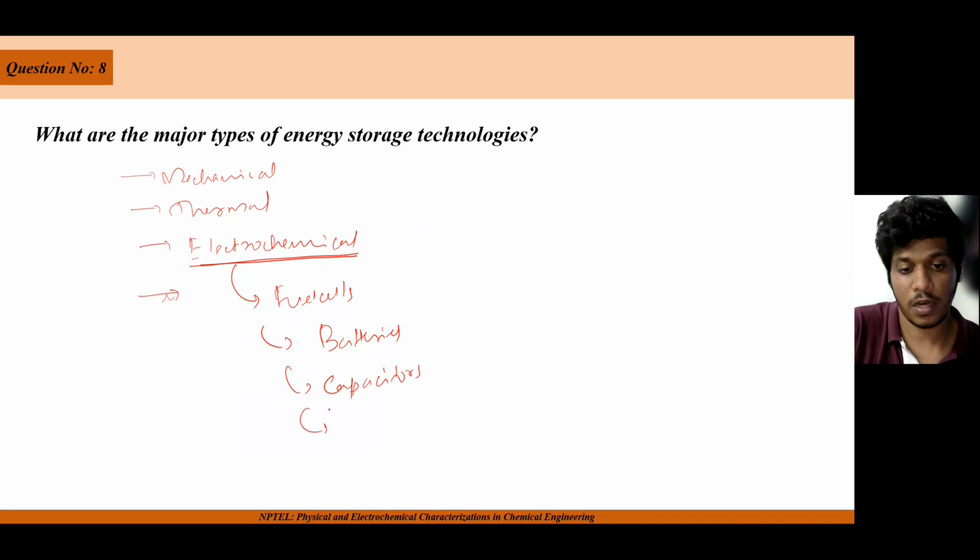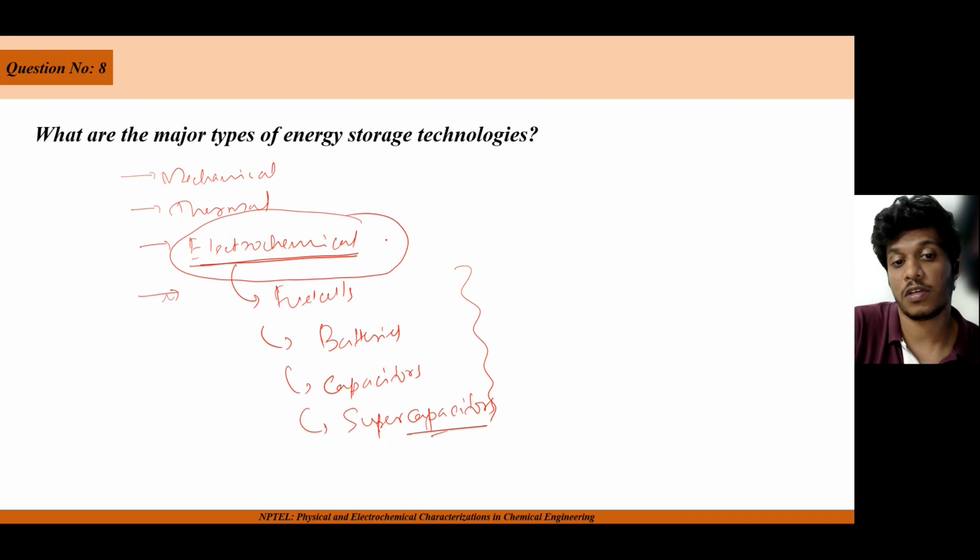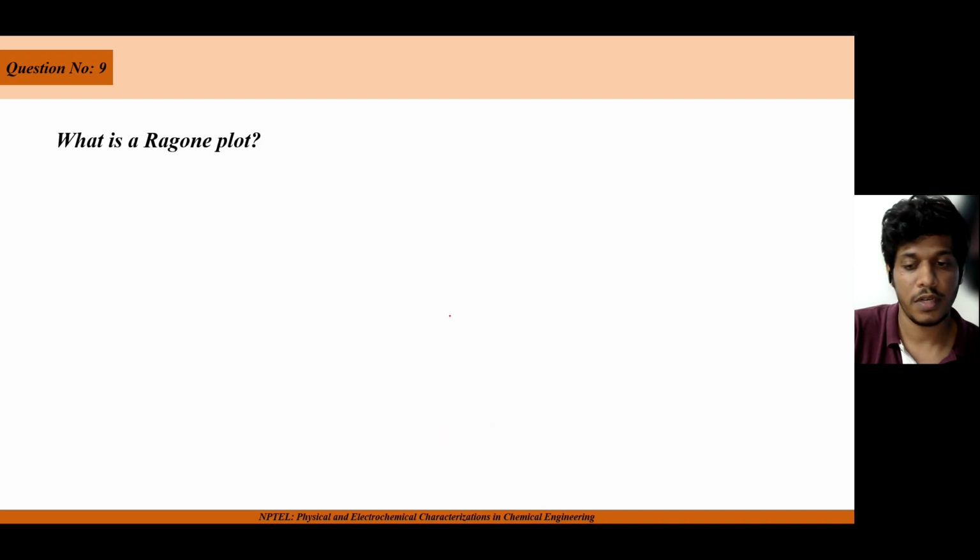There is also a class called supercapacitors. These are the major electrochemical storage technologies that we may focus on a little in the upcoming lectures: the fuel cells, batteries, capacitors, and the supercapacitors. Okay, now let's move on to the next question.